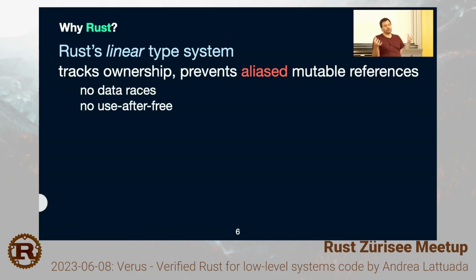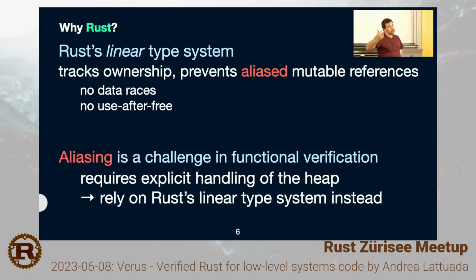Rust's linear type system tracks ownership and prevents what's called aliased mutable references, which means that what we get from Rust regularly is freedom from data races and use-after-free, all the nice properties you're familiar with. But in addition, we have noticed that aliasing is a challenge when doing functional verification, the kind of technique to do development as I've shown before.